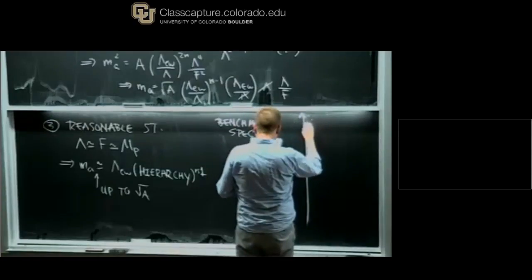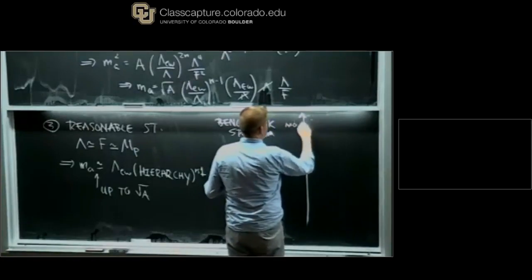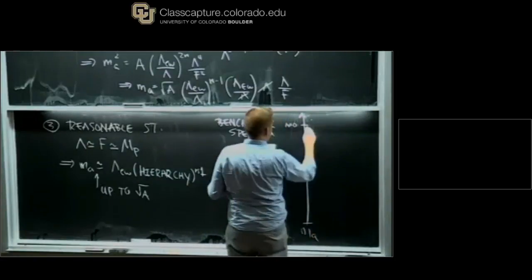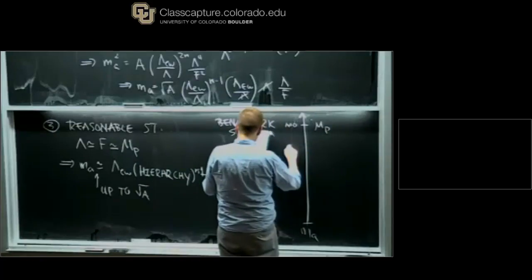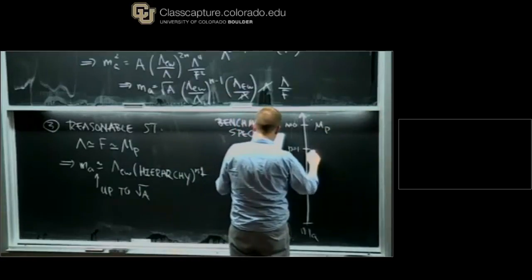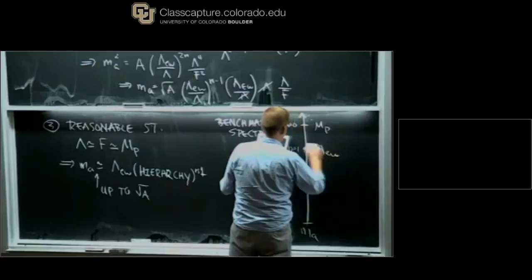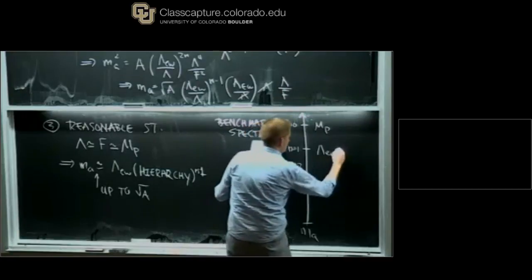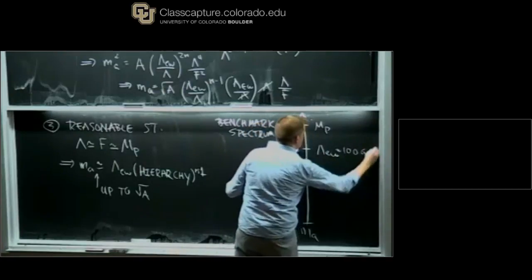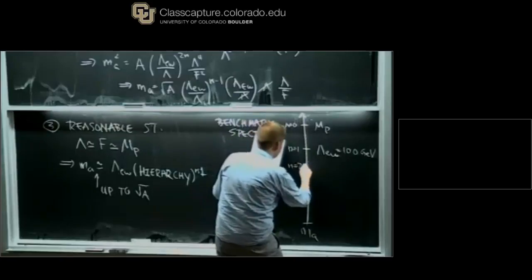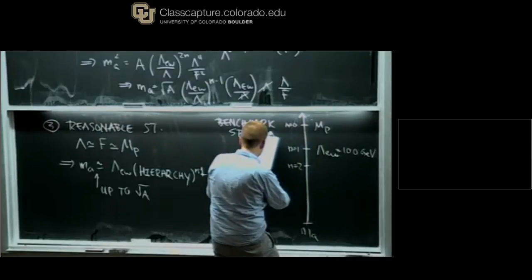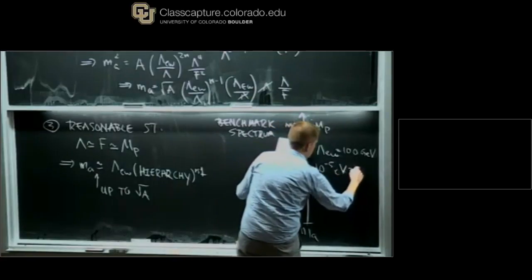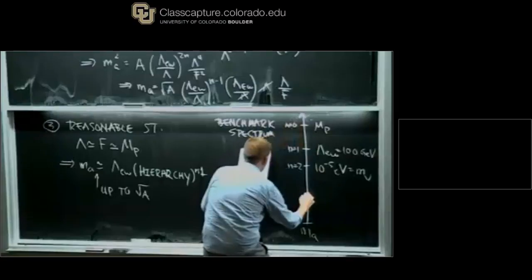Here's the n equals 0 case. The axion mass, m_a, will be at m Planck. At n equals 1, this will be at lambda electroweak, which is 100 GeV, well, 246, but that's close enough for this. n equals 2 will give you 10 to the minus 5 eV, which is about the neutrino mass scale.